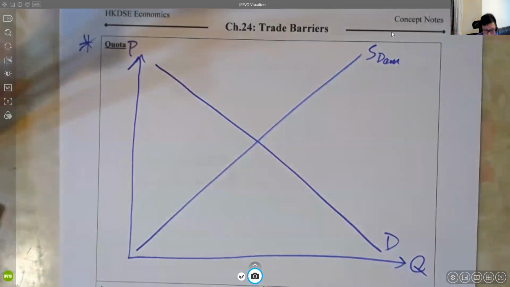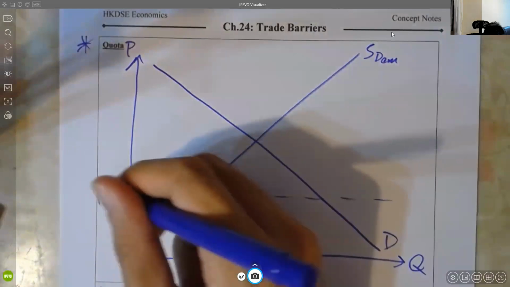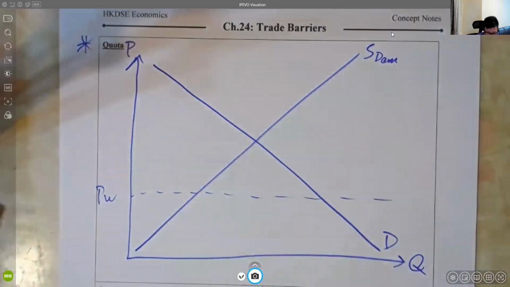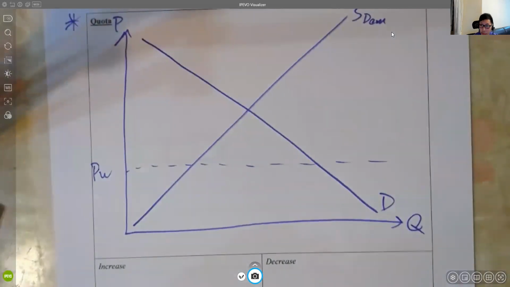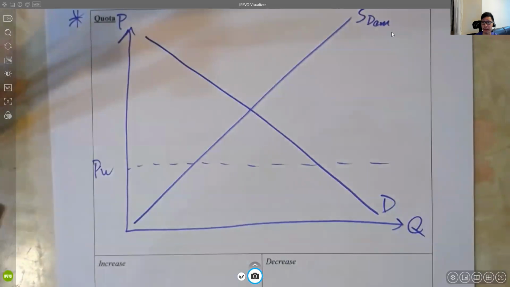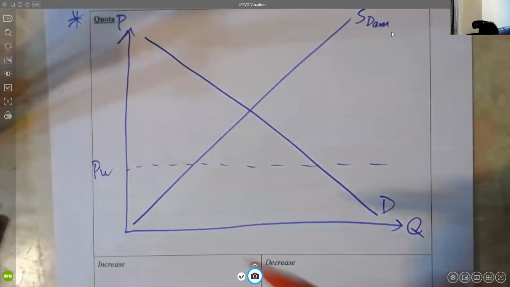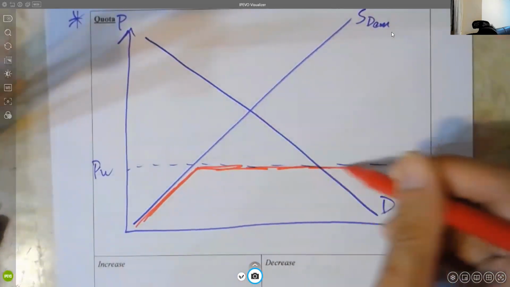Then normally we would have a world price right here. We will have our world price right here. Normally we will have a horizontal curve right here. So the original effective supply curve is this guy, right?